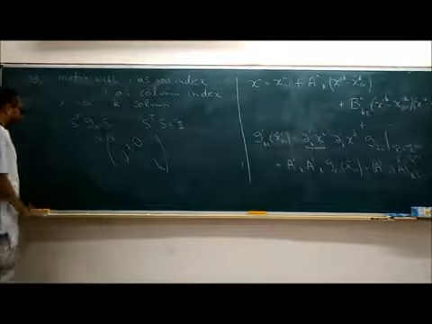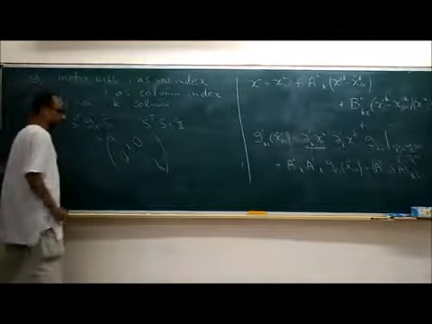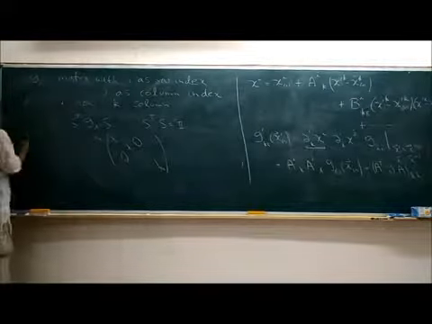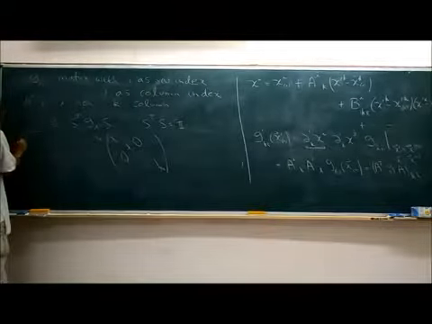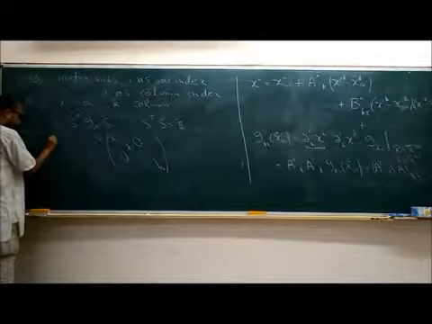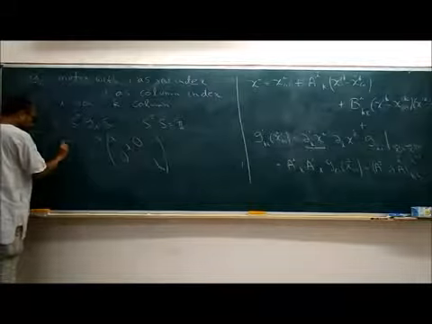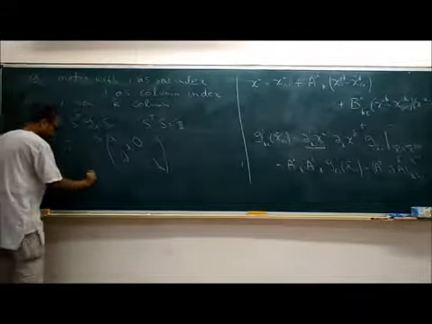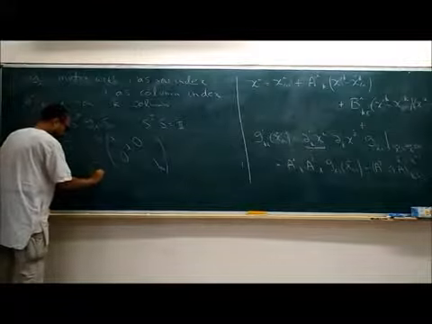Now let's introduce another matrix, R, which is the same as R transpose, defined to be the diagonal matrix with entries square root of mod lambda 1, square root of mod lambda 2, up to square root of mod lambda n.